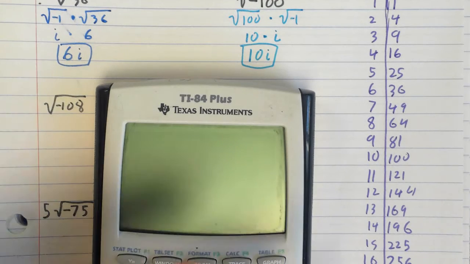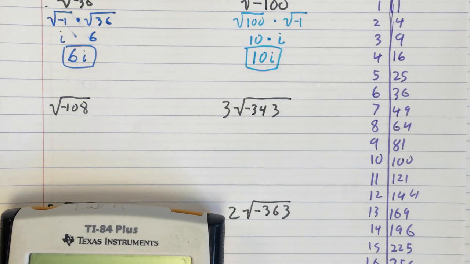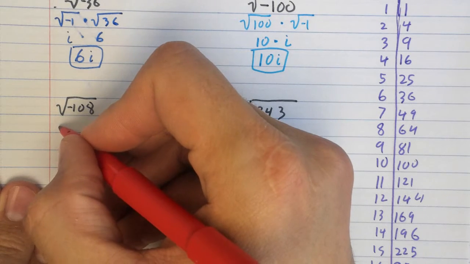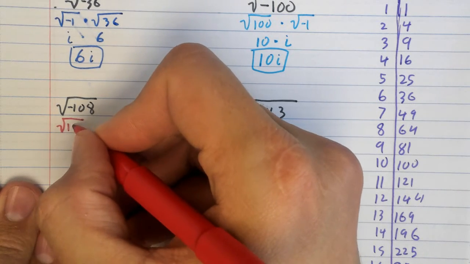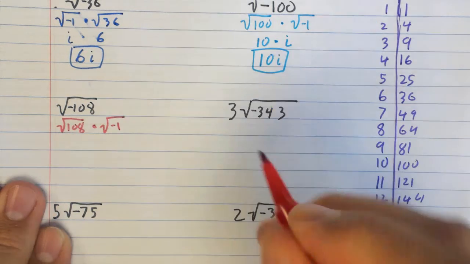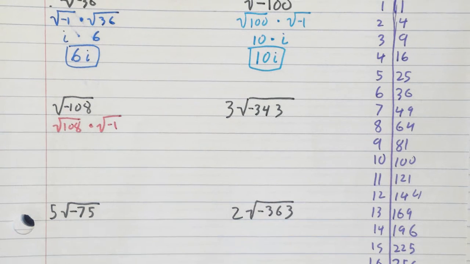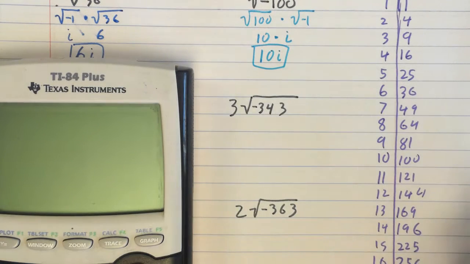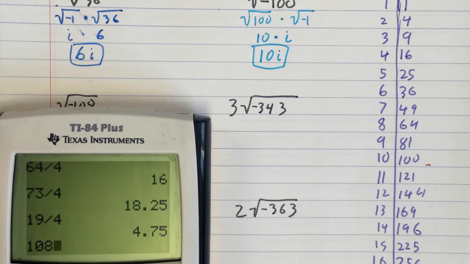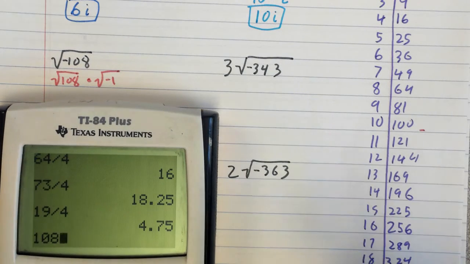Next is negative 108. Going to need a calculator. First things first, let's say this is the square root of 108 times the square root of negative 1. 108 would fall about here, and it is not a perfect square.